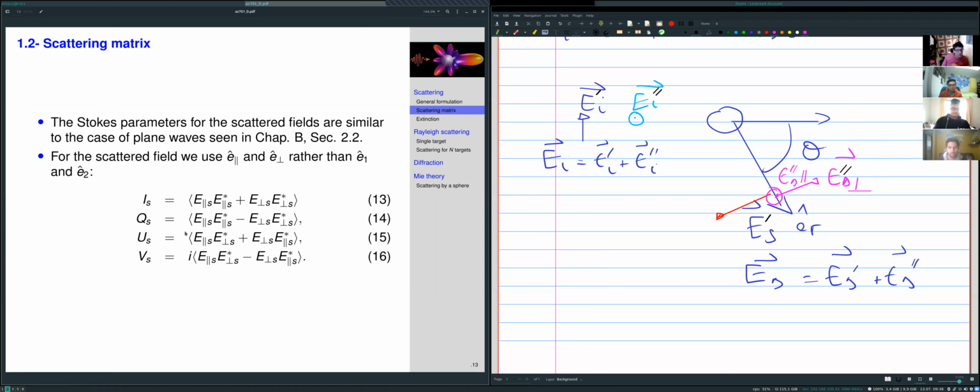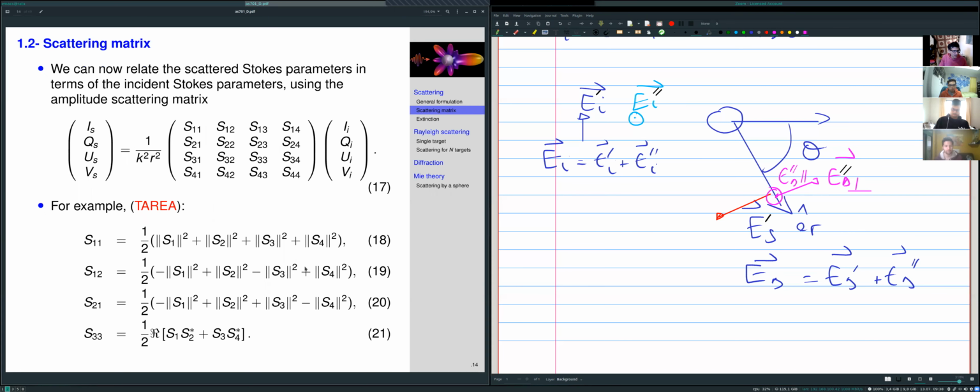We're using the notation that refers to the scattering plane, because we're decomposing the fields in these new bases, E perpendicular, which would be, for instance, this purple vector here, and E parallel, and that would be E perpendicular. You're using these vectors to decompose the electric fields. And so this would be the way to write down the Stokes parameters in the case of the scattered fields.